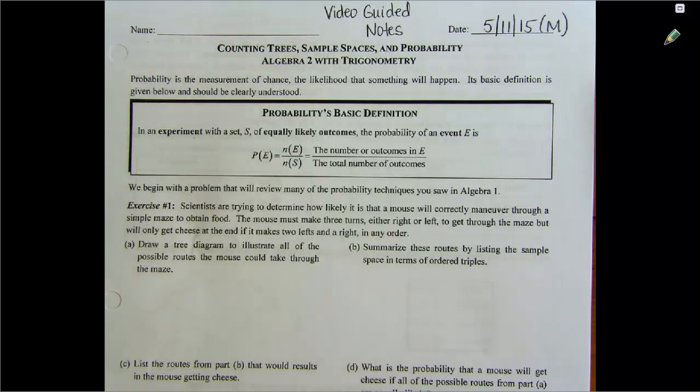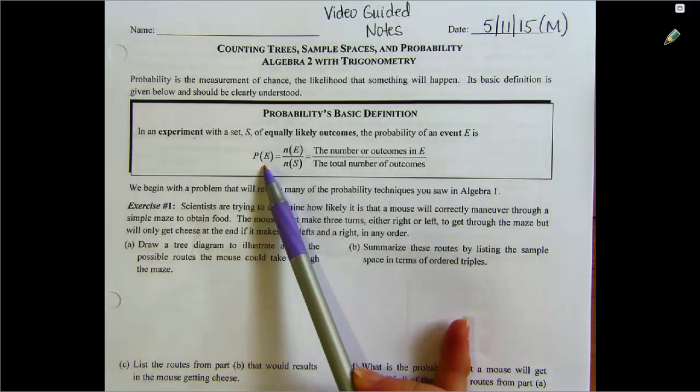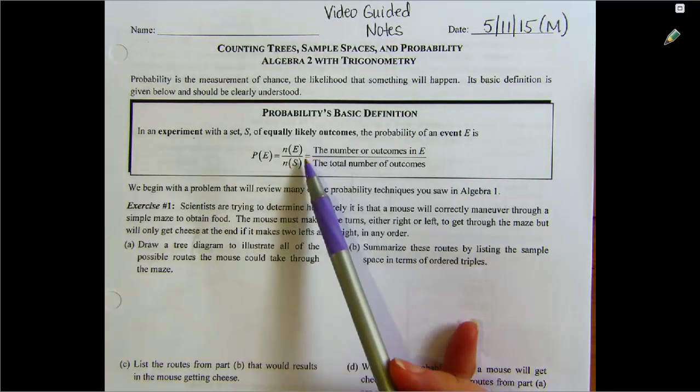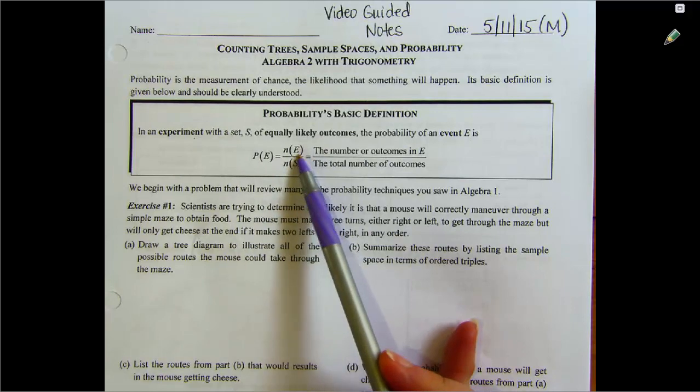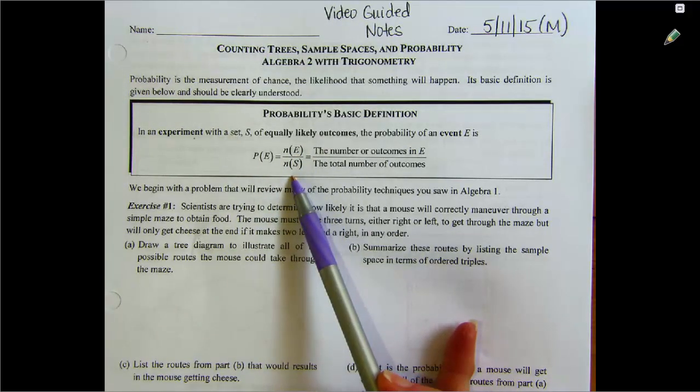So, the probability is the measurement of chance, the likelihood of something happening. We have a very specific definition for probability that you should remember from Algebra 1. It states, in an experiment with a set S of equally likely outcomes, the probability of an event E is equal to the number of outcomes in E over the total number of outcomes.